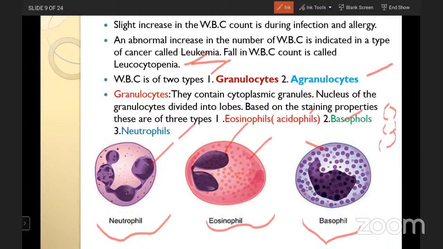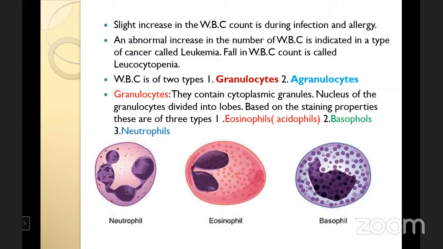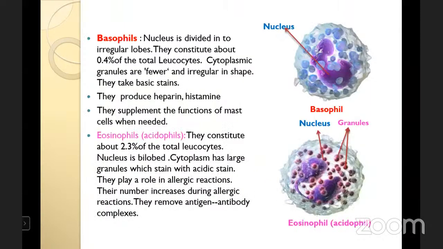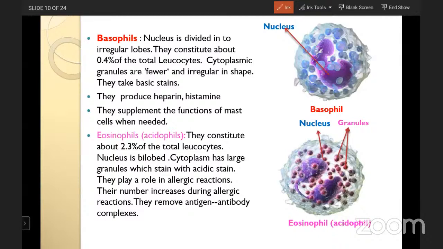Now let us go for the detail. The first one, basophil. The nucleus is divided into irregular lobes. When we observe the picture, the nucleus does not have any particular shape. Irregular lobes means we cannot describe them in a particular manner.